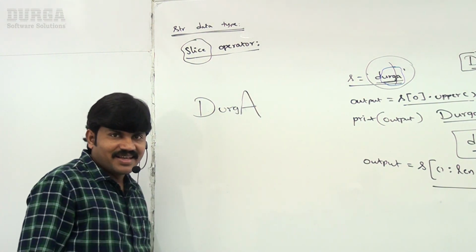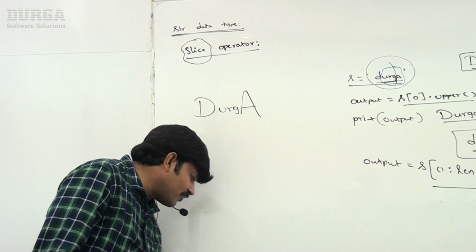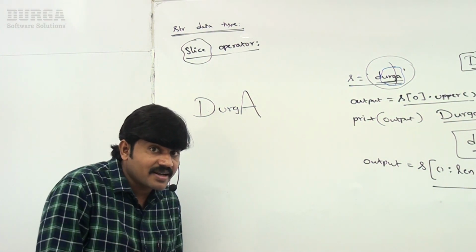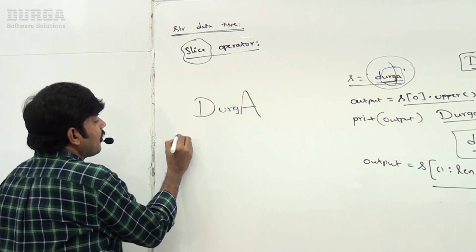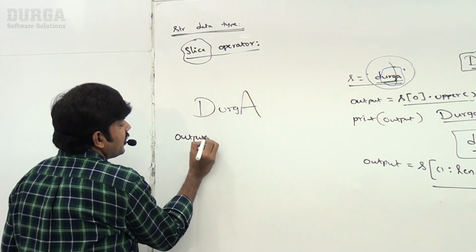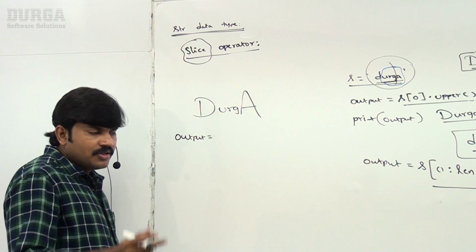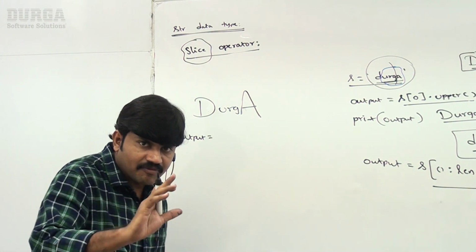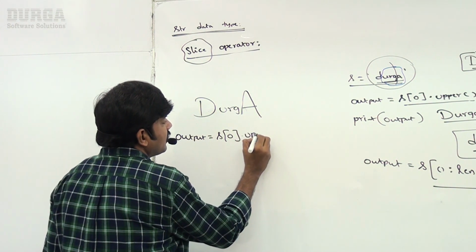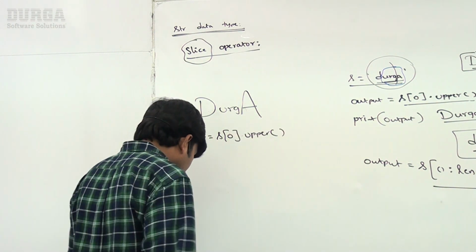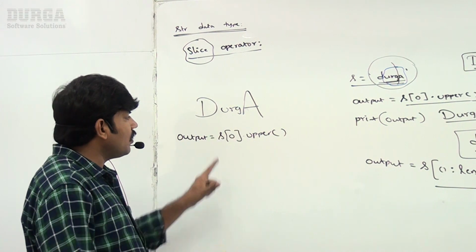We require to convert the first character into uppercase and the last character into uppercase. What is the way, sir? Very simple. Output is equal to, read the first character, convert into uppercase: s of 0 dot upper.